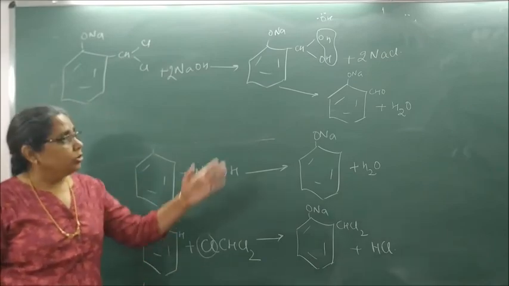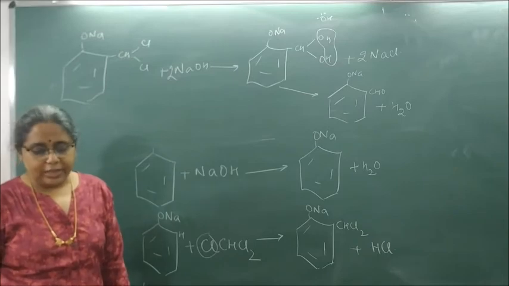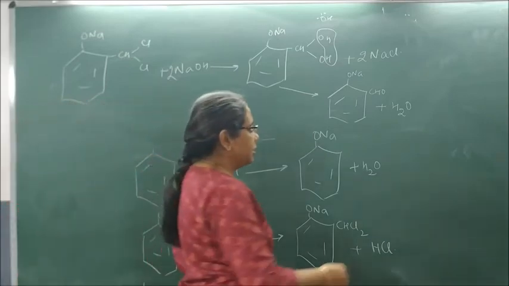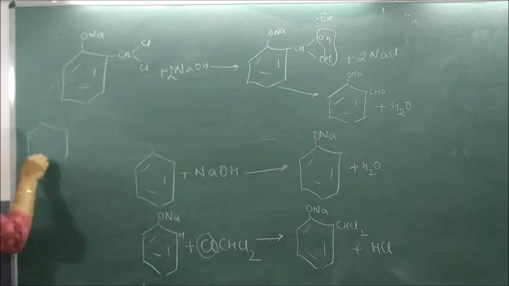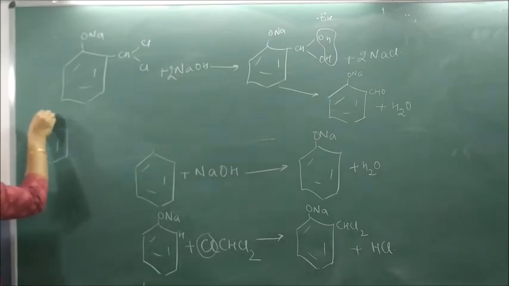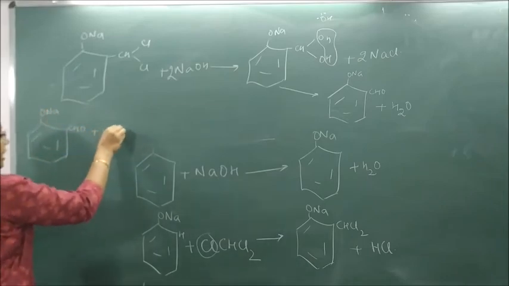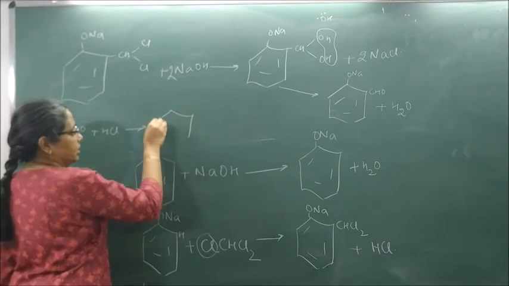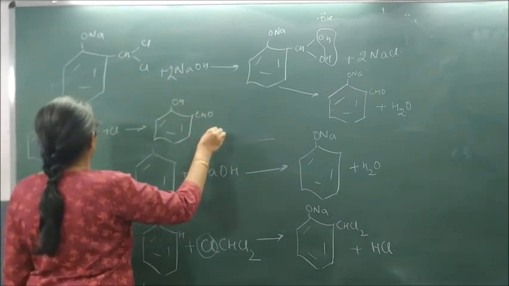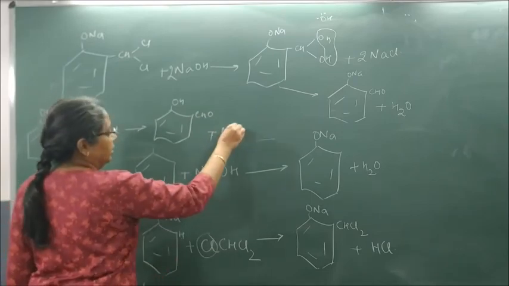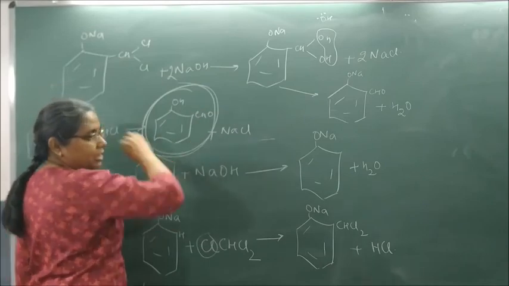Understood? Now what should I do to get the alcohol back? React it with HCl. So my last step will be C6H5ONa with CHO plus HCl gives C6H5OH with CHO plus NaCl.